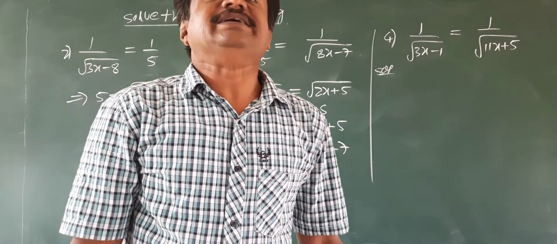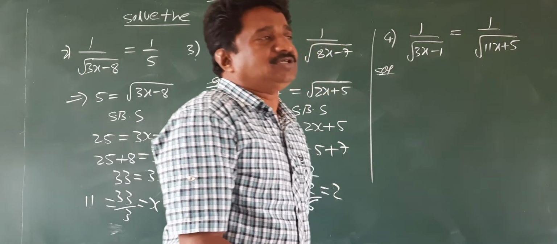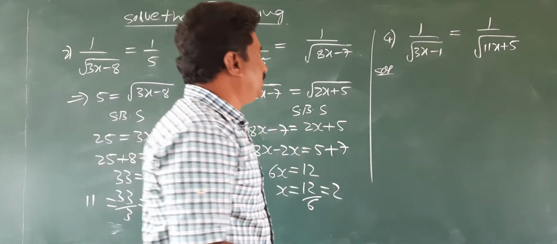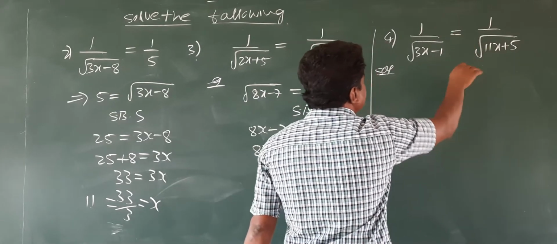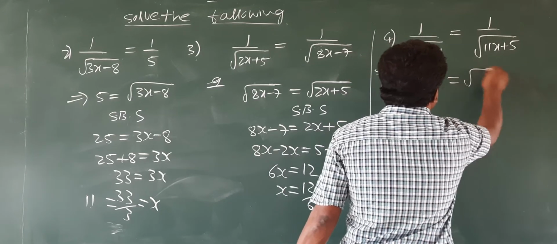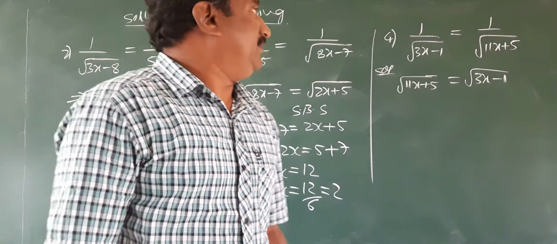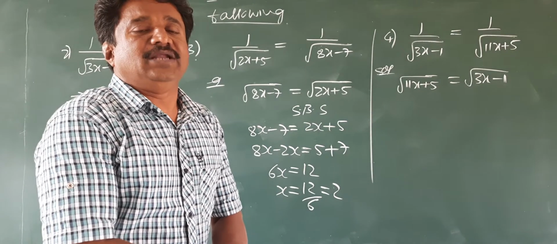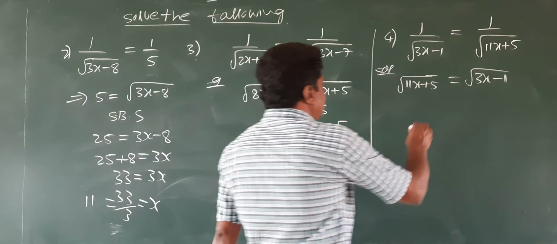First I go for cross multiplication, though you can also go for squaring first. So root of 11x plus 5 is equal to root of 3x minus 1. Now you think of squaring on both sides.